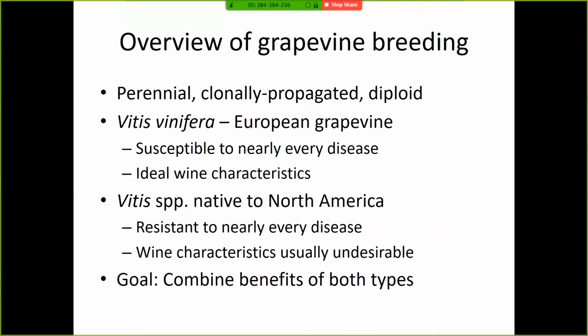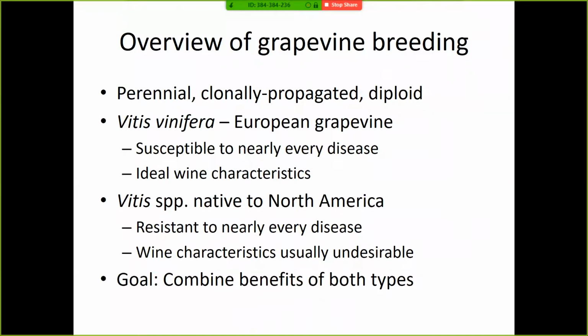So, just an overview of grapes. They're perennial and clonally propagated. There are two main groups that we work with. Vitis vinifera, which is the European grapevine, is susceptible to virtually every disease, but it has very good wine quality as well as certain table grape attributes that we want. The other group is various Vitis species that are native to North America.